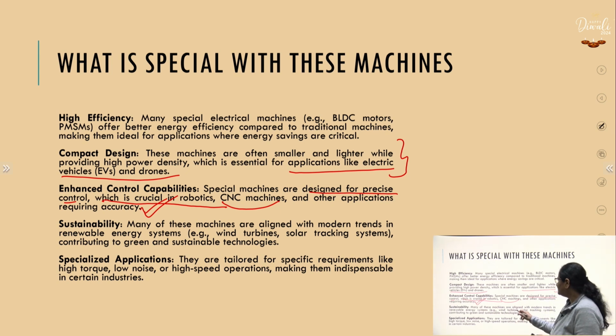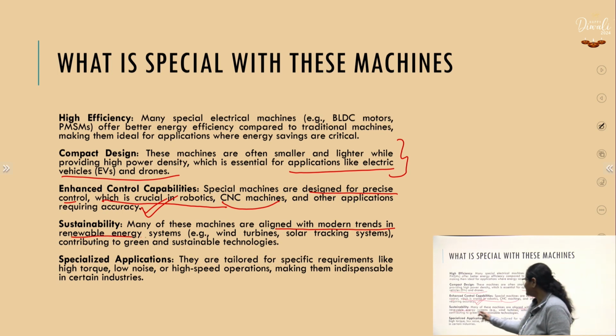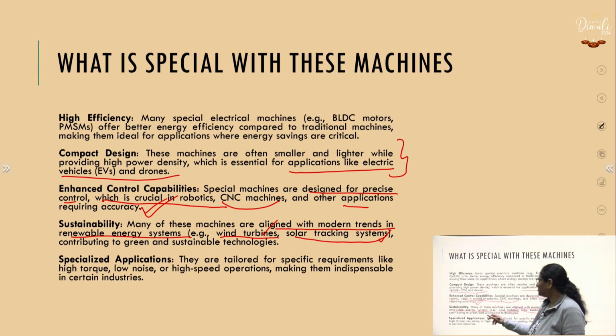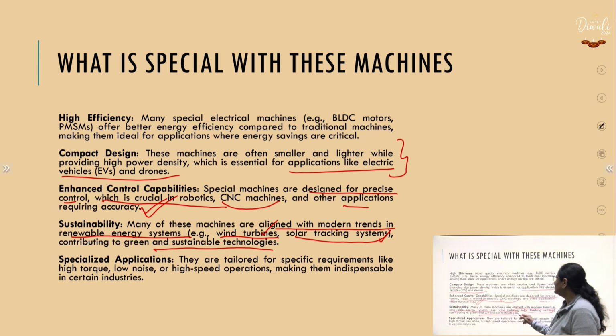Sustainability. Many of these machines are aligned with modern trends in renewable energy systems. For example, wind turbines are usually equipped these days with doubly fed induction generators, and solar tracking systems may have BLDC motors, contributing to green and sustainable technologies.